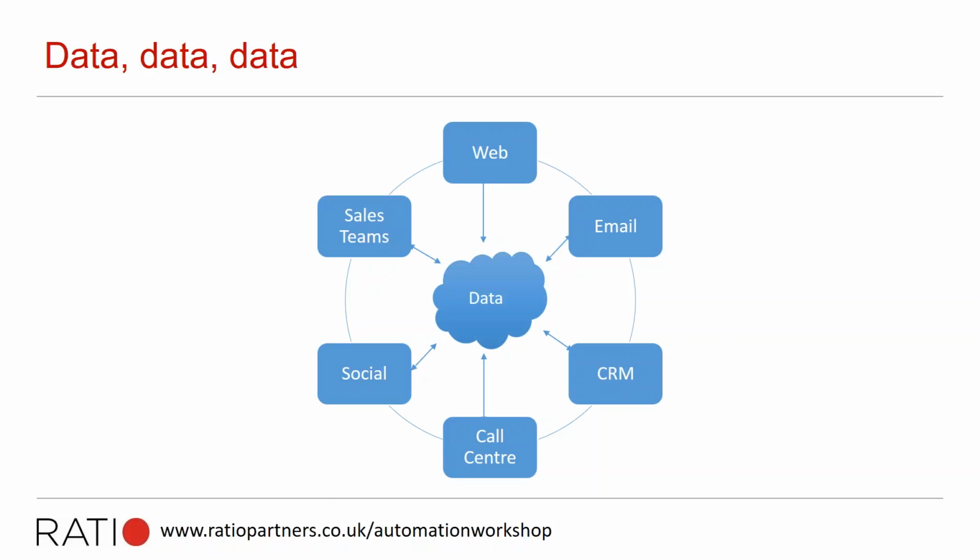It's basically looking at all your data silos, where you store customer information. It could be an email system, your website, your CRM system, your call center databases, social. You could have a rich depository of information about your consumers across multiple touch points and multiple databases. And how do we pull that into one central depository to try and understand as much about our customers as possible, and therefore deliver a richer experience based on that insight?